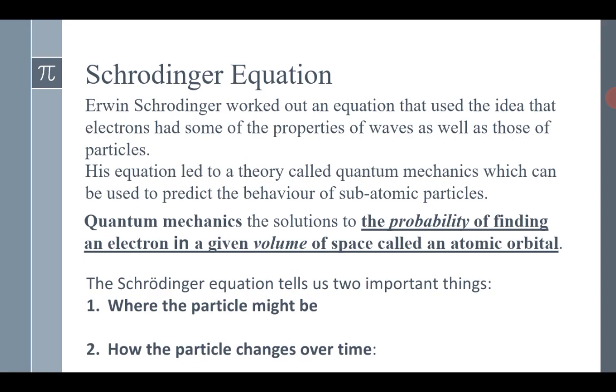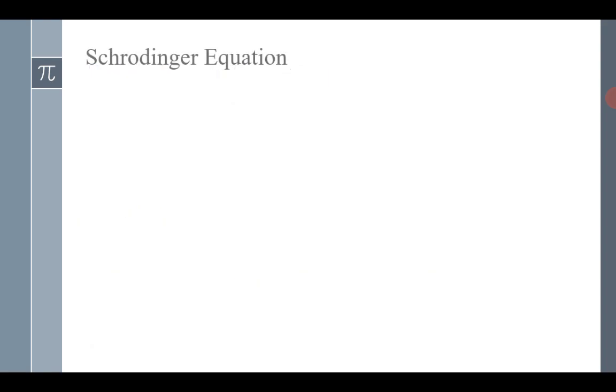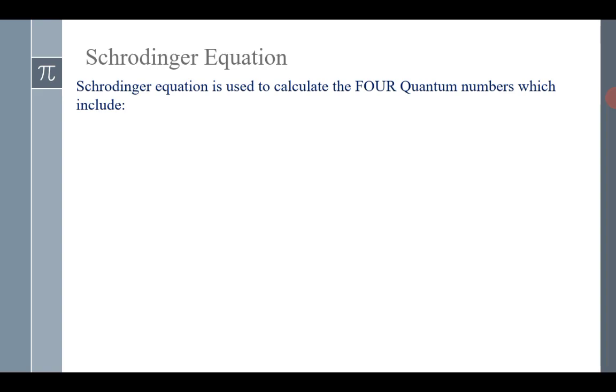So as to understand the equation very well, we need to know that Schrodinger equation is used to calculate four important quantum numbers. The four quantum numbers which this equation is able to solve include: the principal quantum number, often labeled small n, called energy levels.